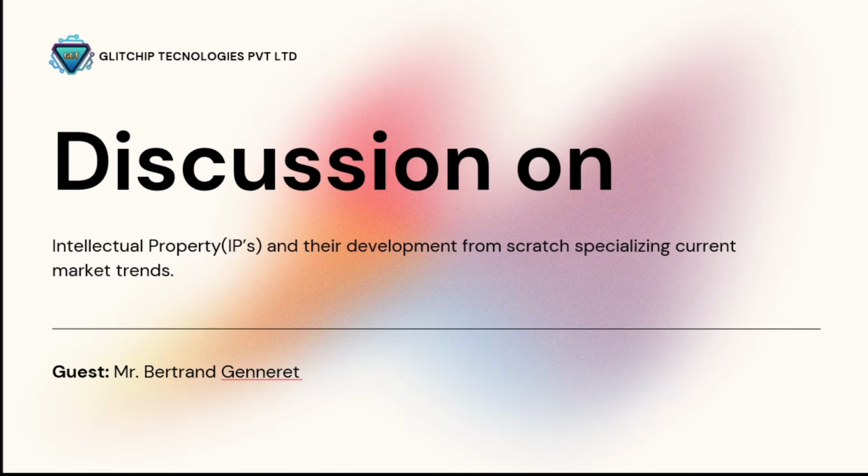Soft IP is delivered as synthesizable logic written in VHDL or Verilog, and it can also be delivered as a netlist, a generic logic. But soft IP is not optimized for a specific target technology, so this is a downside because it cannot be fully optimized.